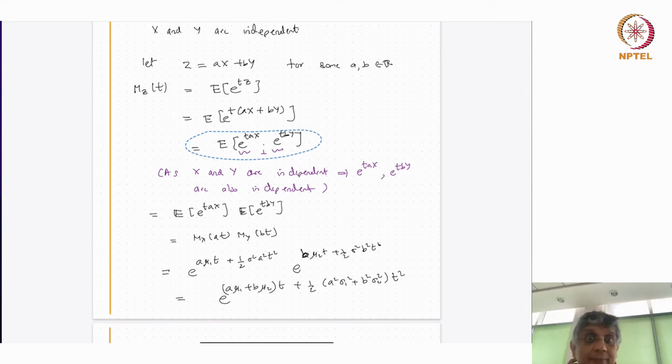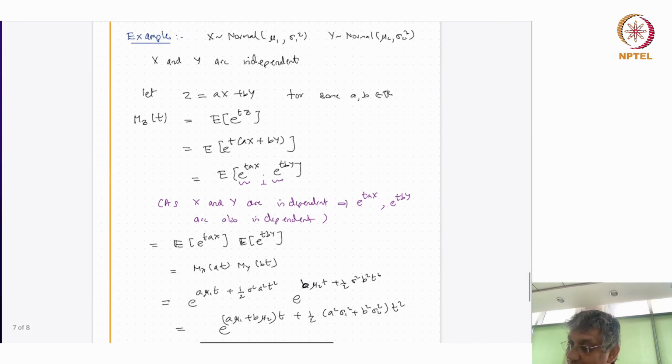But they're independent, so I could split them up as two different things, a function of x at at and a function of y at bt. But for both x and y, the distribution we know: x is normal mu1 sigma 1 squared, and y is normal mu2 sigma 2 squared. So once you do that, you can replace m_x at as this expression right here, m_y bt as this expression right here, and you combine the whole thing out.